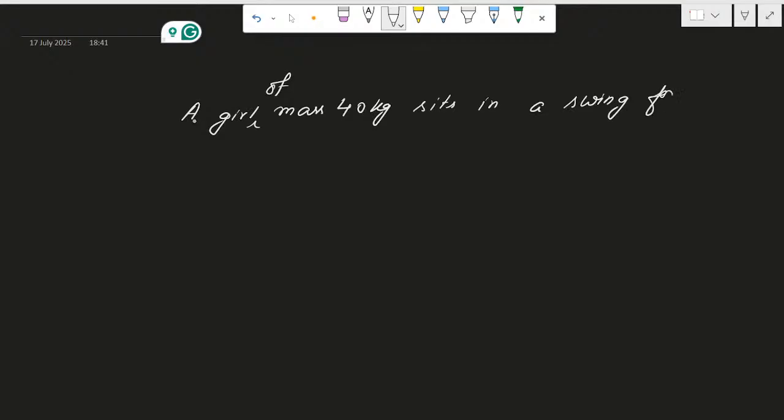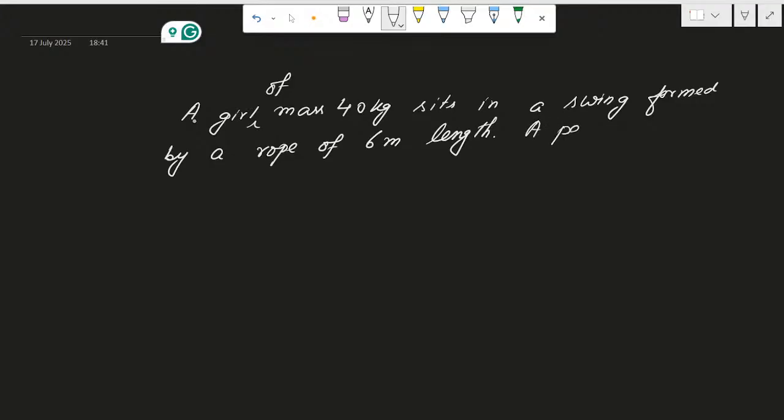The problem statement is: a girl of mass 40 kg sits in a swing formed by a rope of 6 meter length.